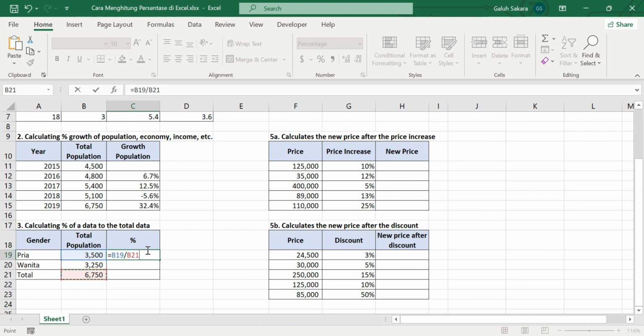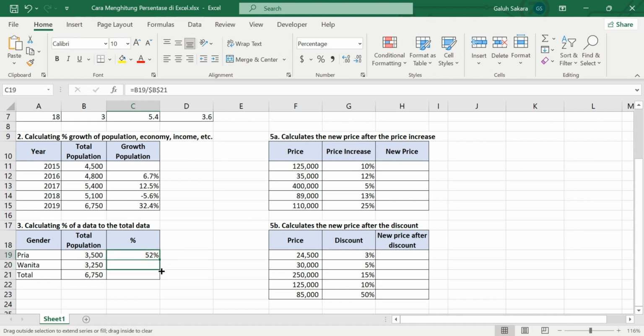And then do not forget to press F4 to lock the formula here. We need to lock the total population of male plus female. So there is a dollar sign as the absolute sign, and then click enter after this.